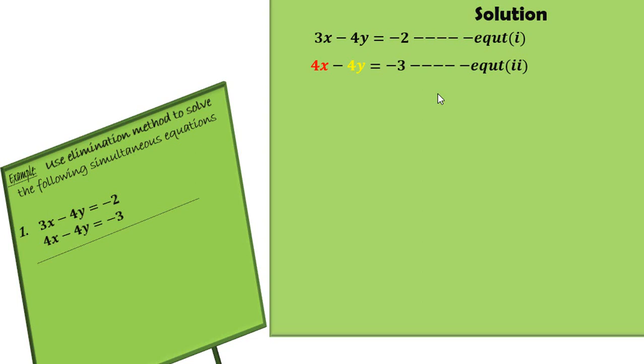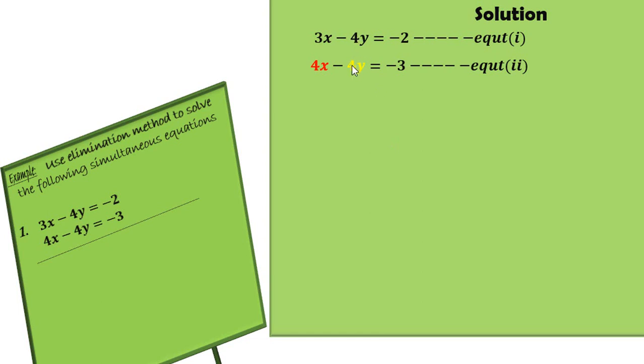Now you watch out for something. There is a variable whose coefficient in equation 1 and equation 2 is equal. For instance, look at x. The coefficient of x in equation 1 is 3. The coefficient of x in equation 2 is 4. But look at y. The coefficient of y in equation 1 is 4.